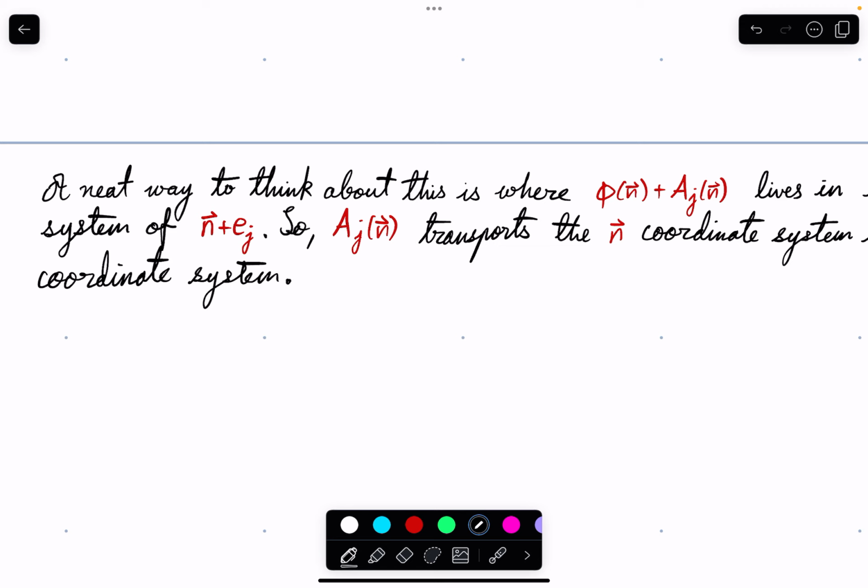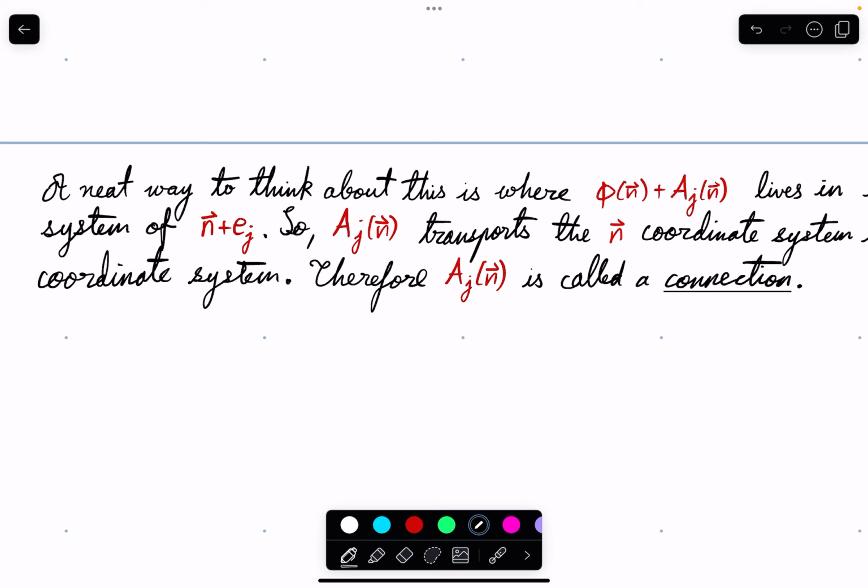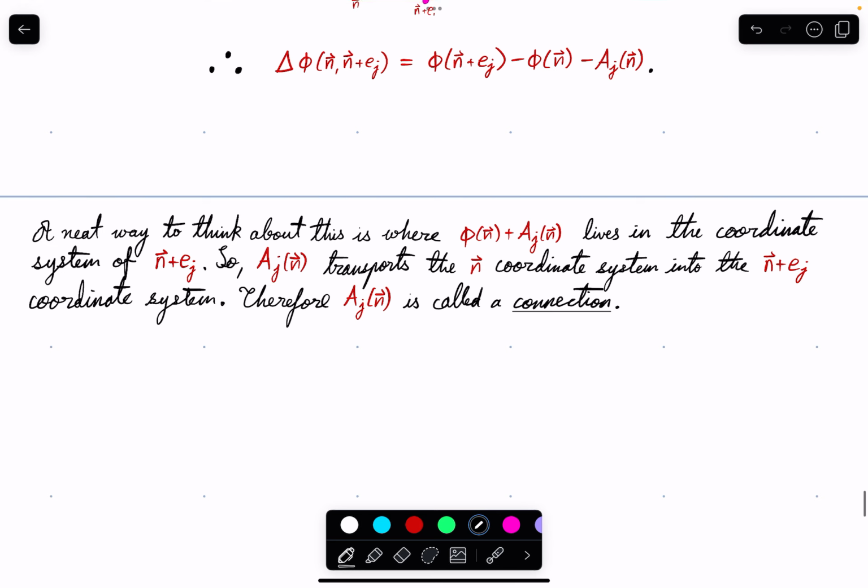For this reason, a sub j of n is called a connection, because it connects the coordinate systems of two different points.